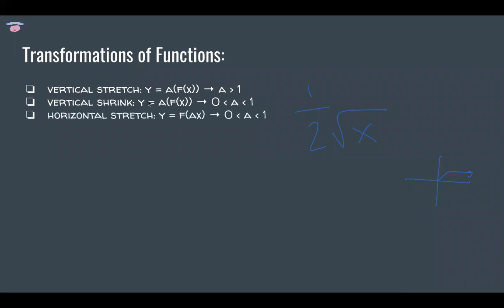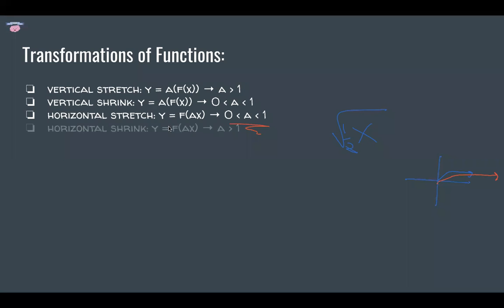And then horizontal stretch, similar, but it would be something like this. One half over here inside. And notice that the stretch is still a is less than 1. This looks like this.